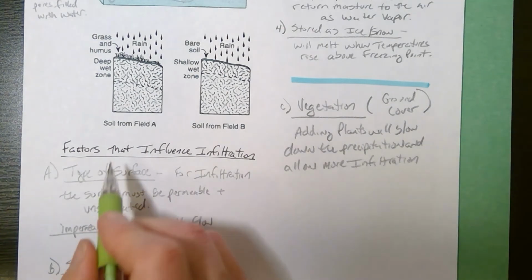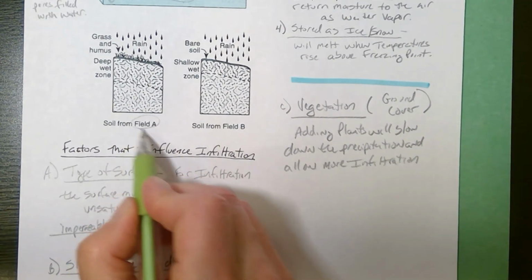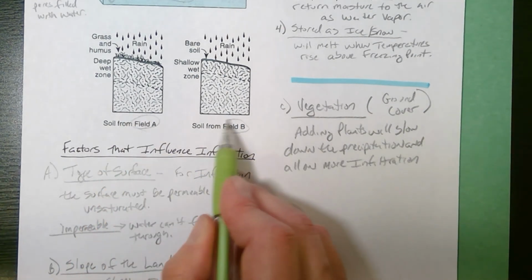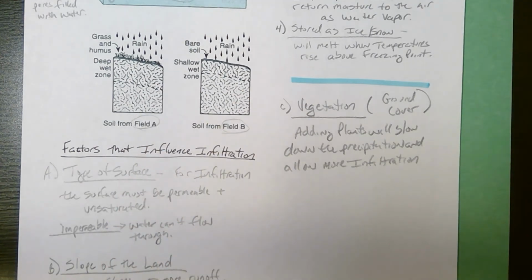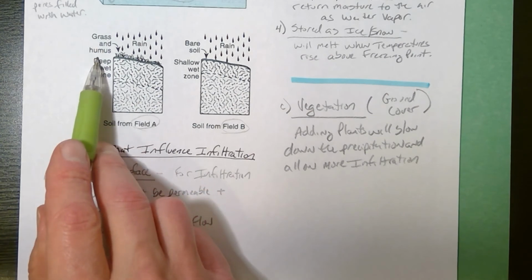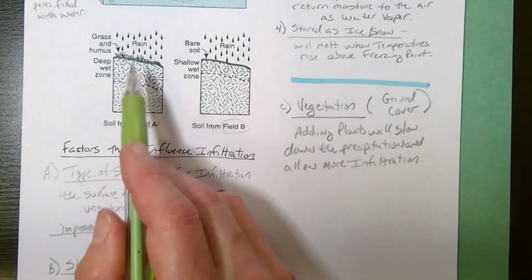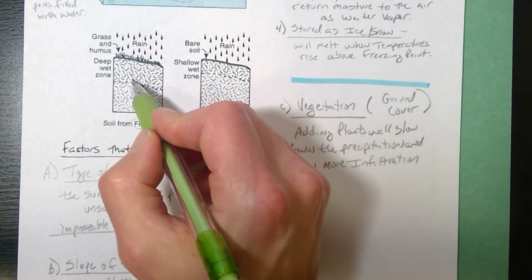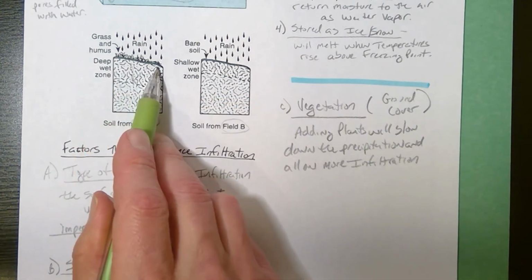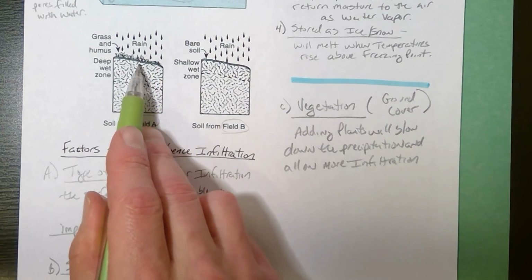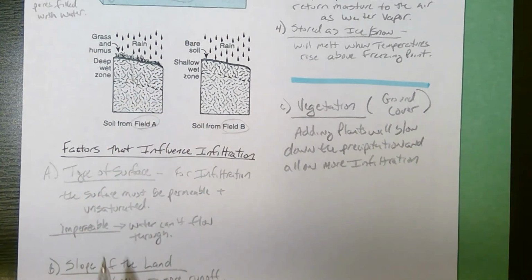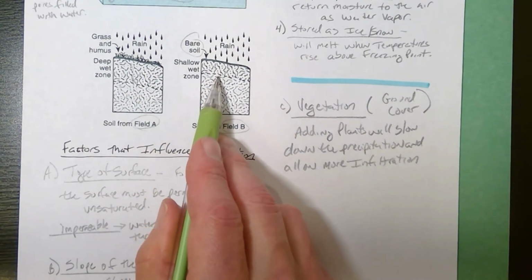If you look at our two soils, Field A and Field B have the exact same slope. It's the exact same type of soils, but this one has grass and humus, which is broken down organic matter, okay? And you're seeing that you're getting a much deeper wet zone where the plants are slowing down the rain and allowing it to infiltrate. Over here where you have bare soil, even though it's the same slope, you've got a much shallower wet zone.